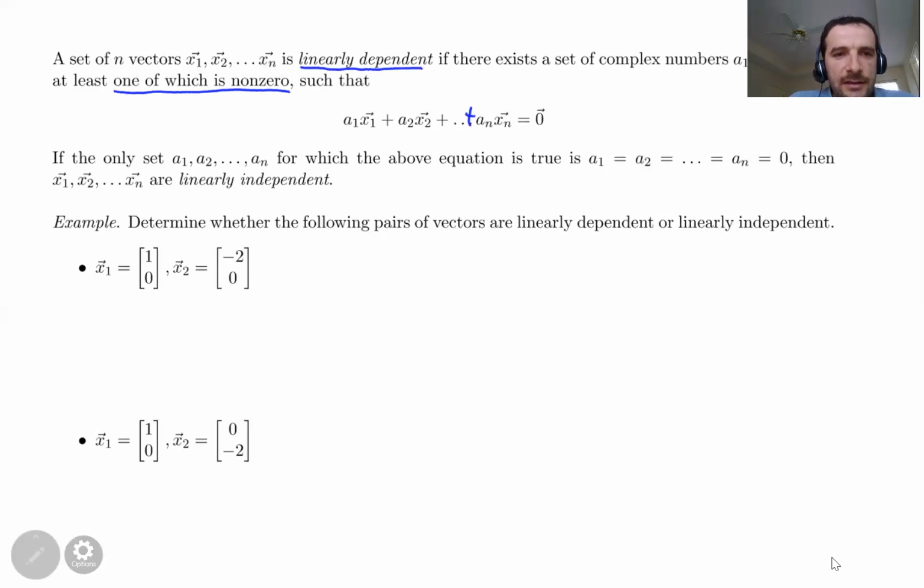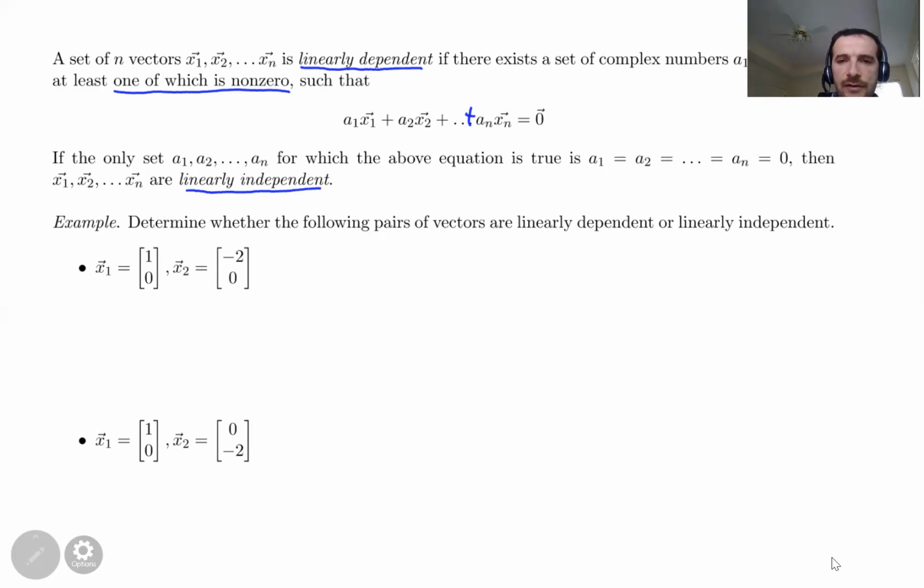And it is linearly independent if the above equation is true, and the only way to make it true is just having the zero coefficients, okay? Then it's called linearly independent. Okay, so let's look at the examples. Maybe it will be easier to understand with the examples.